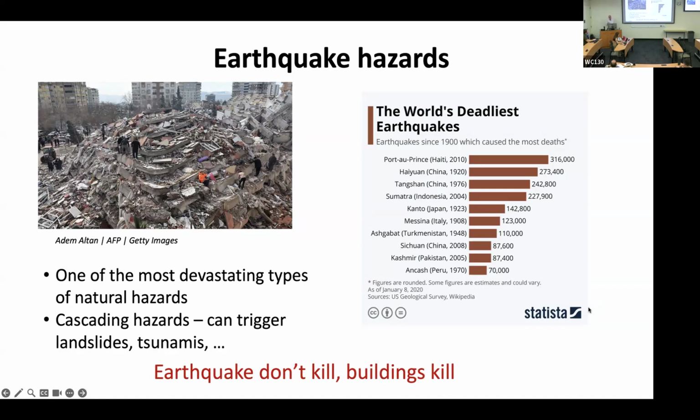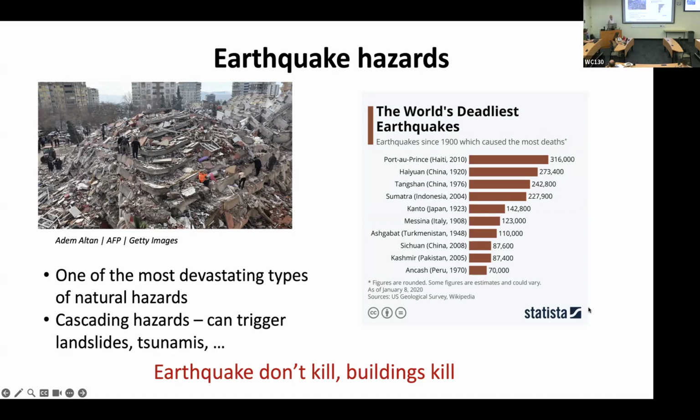Again, more than 200,000 casualties. And if you remember, you may be young, but some of you, that in Sumatra 2004, there was an earthquake that triggered a tsunami that caused deaths throughout the Indian Ocean, all the way to Africa. So there were also more than 200,000.